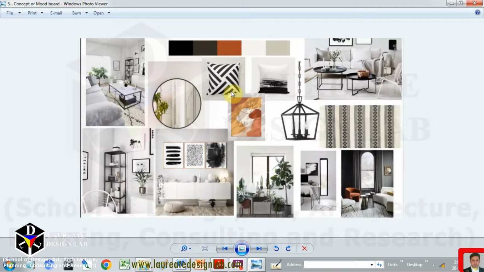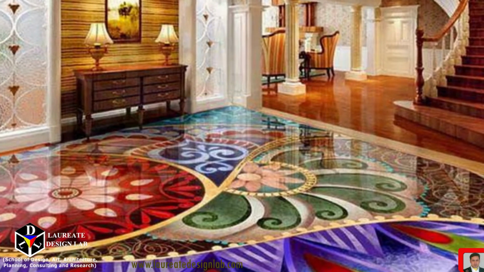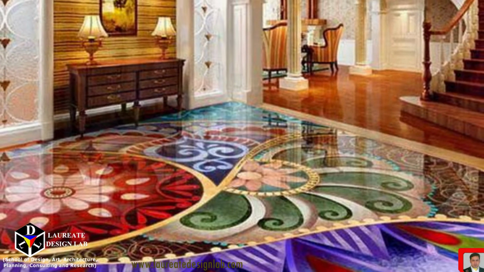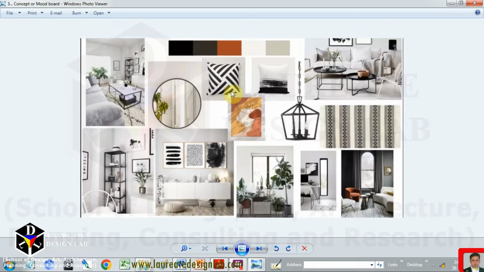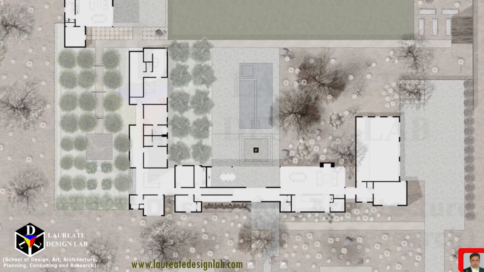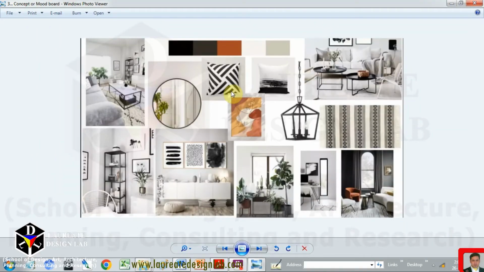But for you it could be ceiling, flooring, or 2-3 elements together, and you don't want to emphasize other things. Overall, you should include in your mood board the images which actually capture the mood of the space, the overall planning idea of this space. This is all about the mood board or concept board.